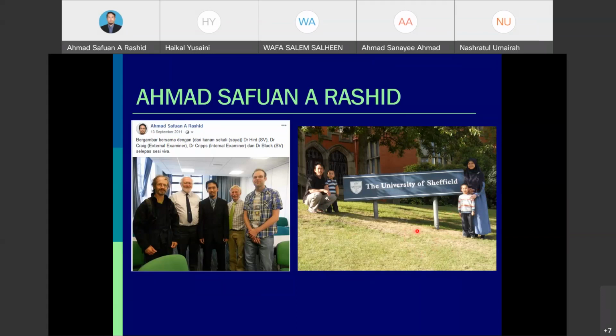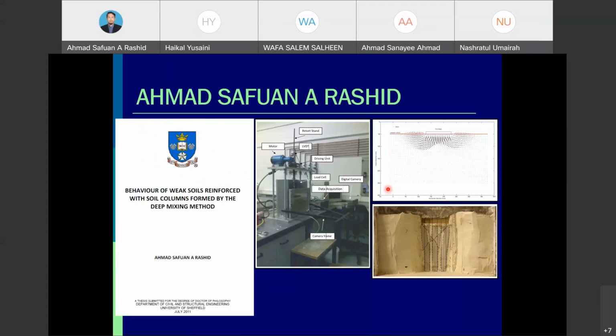The youngest one is 5 years old. So I have 3 boys and 1 girl. My wife is also a PhD holder, graduated from UTM. I ask Allah to protect them for you. Amin, amin. Thank you very much.